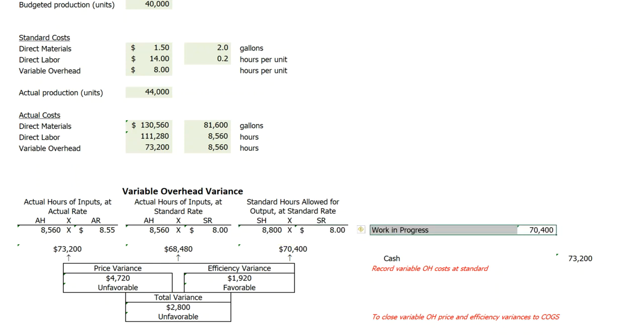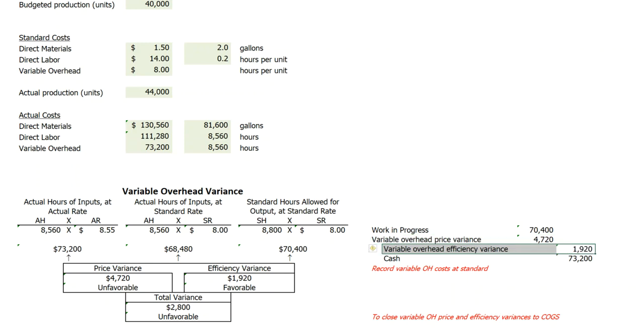So we will debit work in process $70,400. The difference is comprised of two parts, a price variance and an efficiency variance. We need to record those. We will debit the variable overhead price variance for $4,720, and we will credit our variable manufacturing overhead efficiency variance for $1,920.